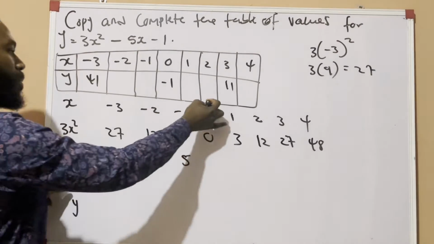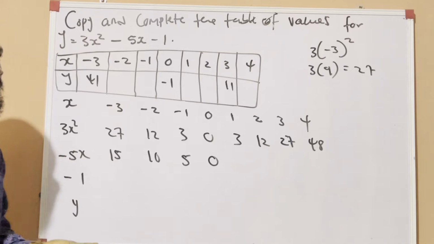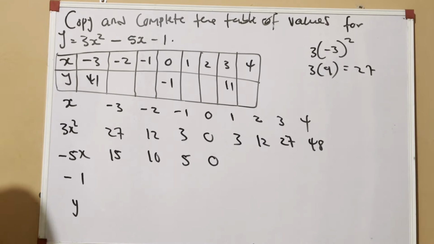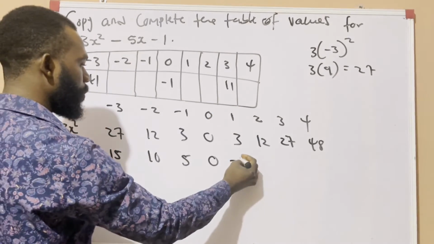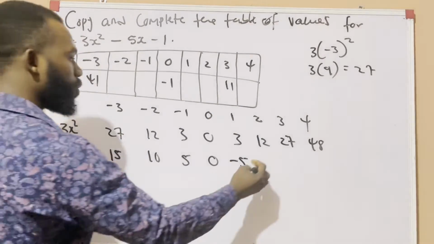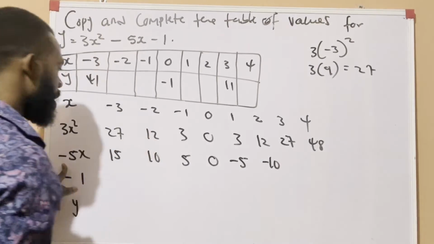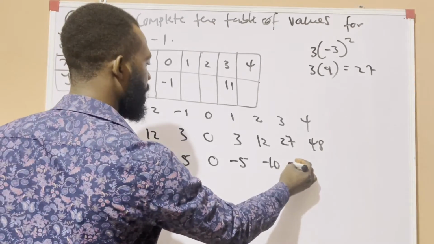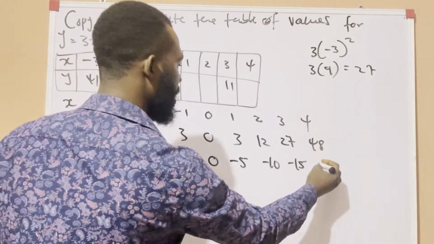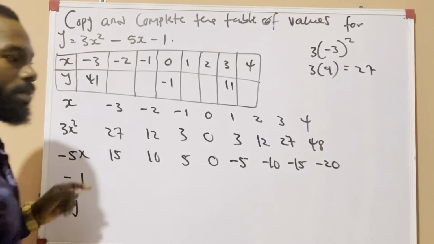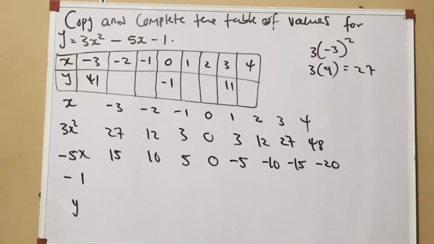And minus 5 times 0 gives us 0. 0 is neither negative nor positive, it's neutral. Now, minus 5 times 1 gives us a negative 5. And minus 5 times 2 gives us a negative 10. And minus 5 times 3 gives us a negative 15. And minus 5 times 4 gives us a negative 20. Are you with me now? It's as simple as that.